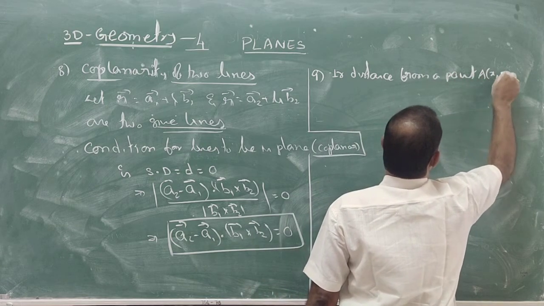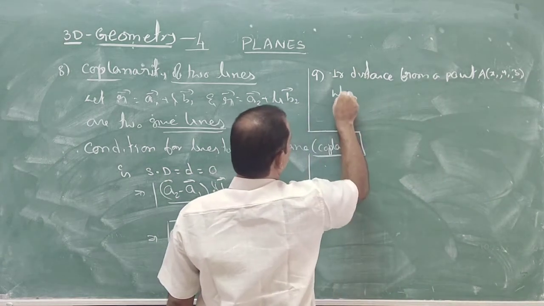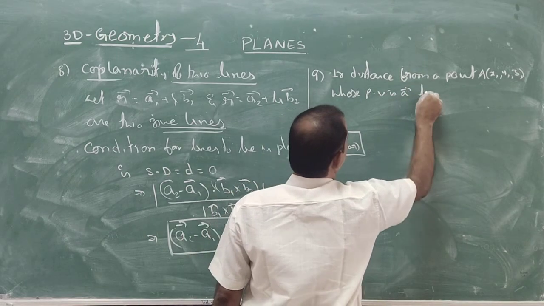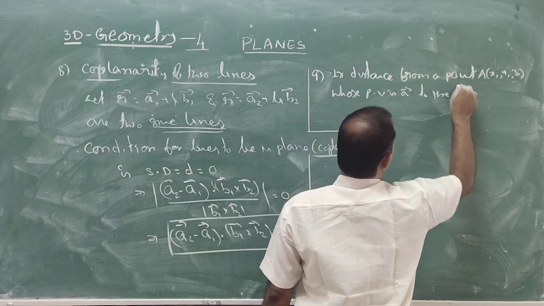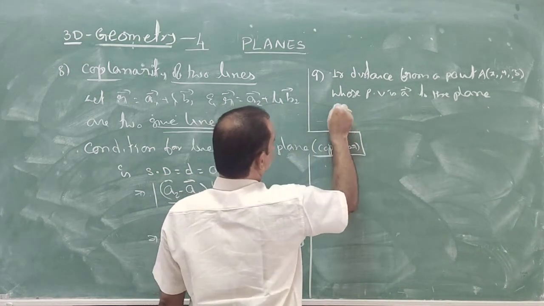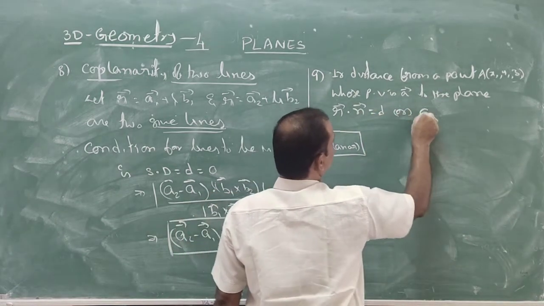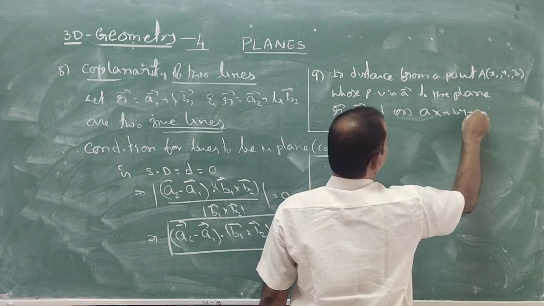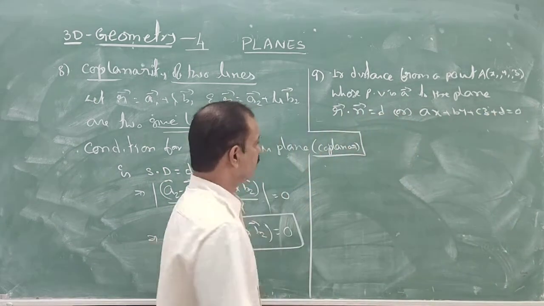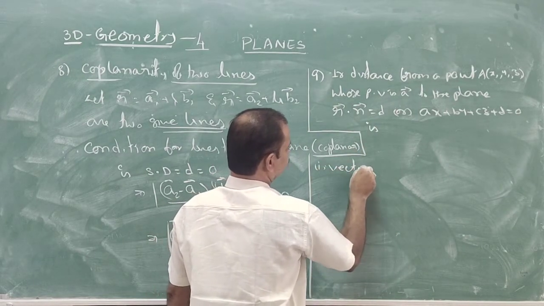You can take it as A of x1, y1, z1 whose position vector is A, to the plane R dot n is equal to d, or ax plus by plus cz plus d is equal to 0. First one is in vector form.